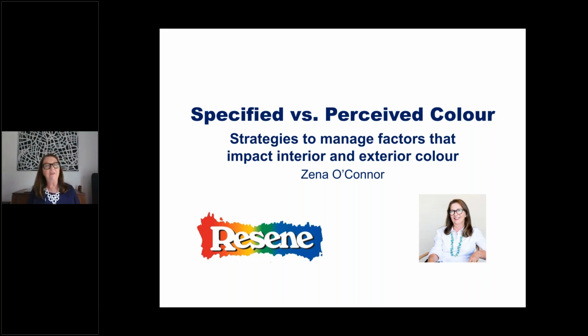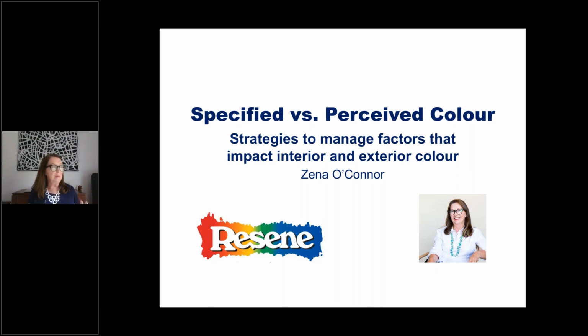Given the variety and variability of the factors that impact specified colour, an ideal way to match specified colour preferences to the resulting colour in terms of the actual perceived colour in situ, and to avoid any kind of issue with client aims, is to paint a relatively large sample on different parts of an interior wall or an exterior facade, and to view these under as many different lighting conditions as possible.